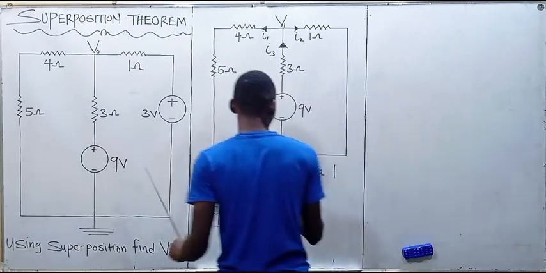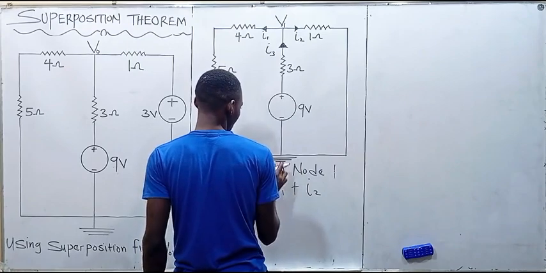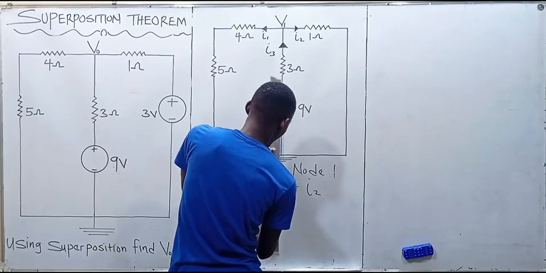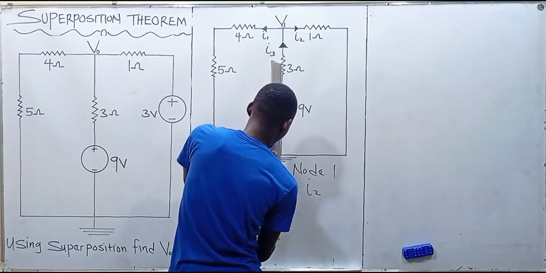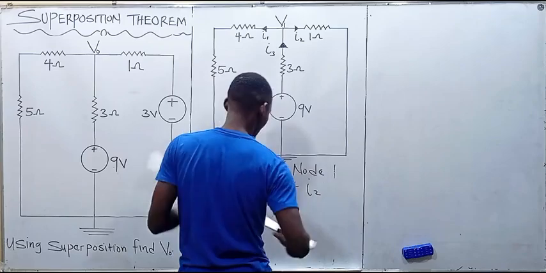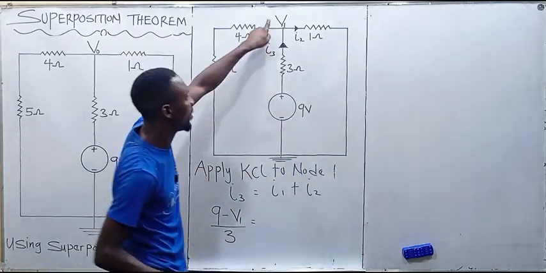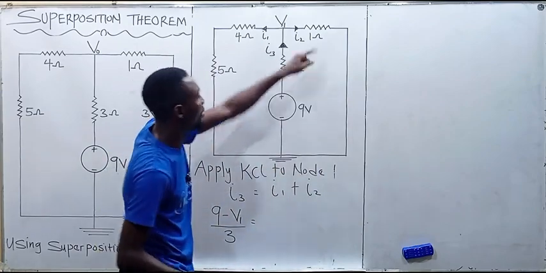All right, so that's it. This is going to be V1 minus 0 all over 1.